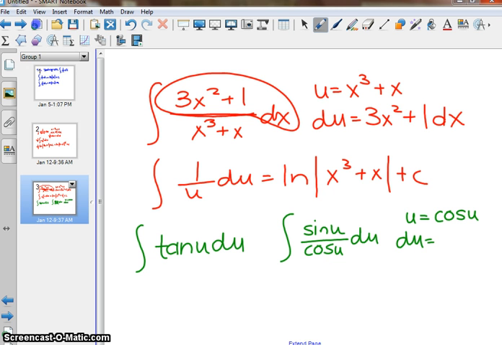The derivative of that is u prime times negative sine u du, which is what we have in the numerator. The derivative of our cosine u will also be negative. So we will divide by u prime, whatever our coefficient will be. Du equals negative sine u du.